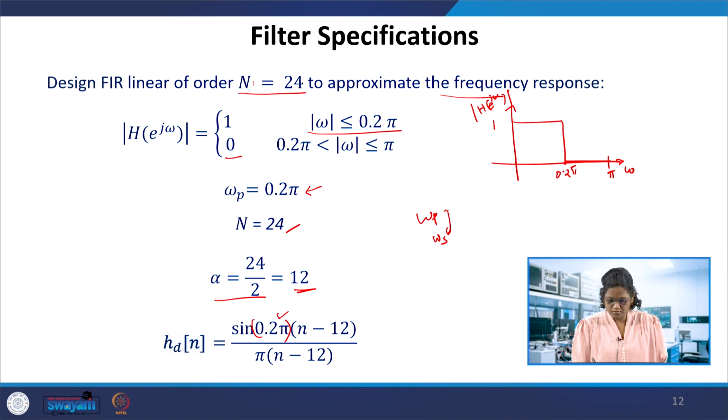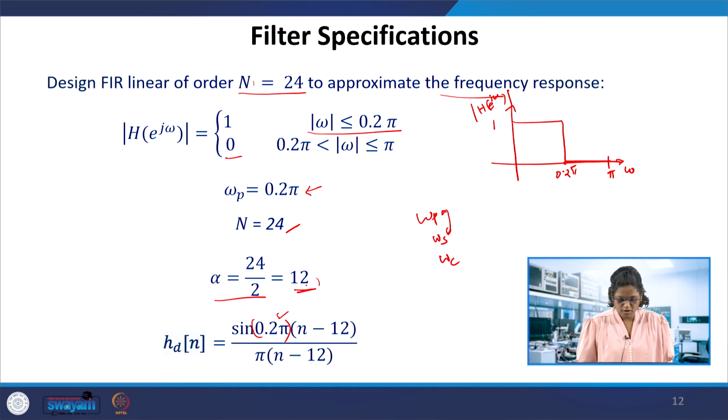If both are specified, you can get omega c from that. Otherwise, consider omega c as omega p, whatever is given in the ideal response. So this is 0.2 pi, n minus 12, where alpha is 12, over pi into n minus 12. So this is HD of n.